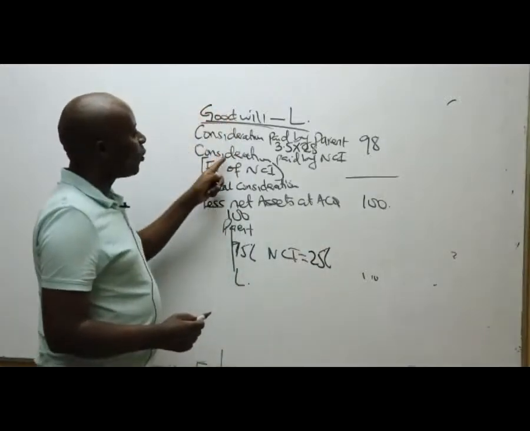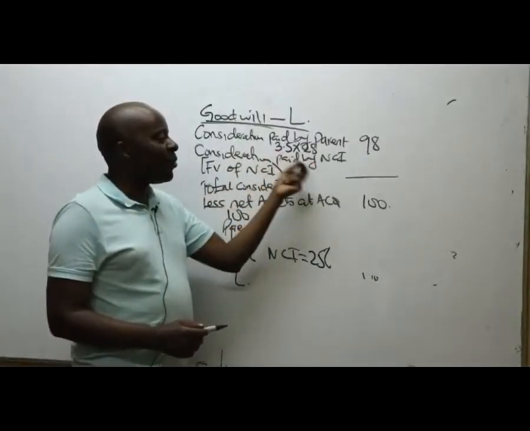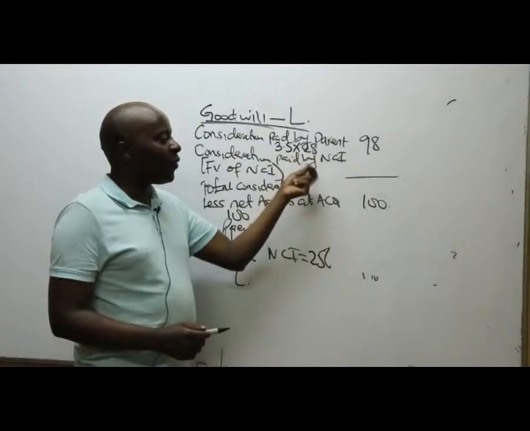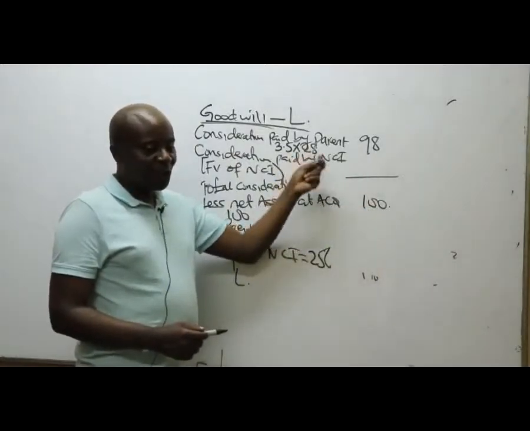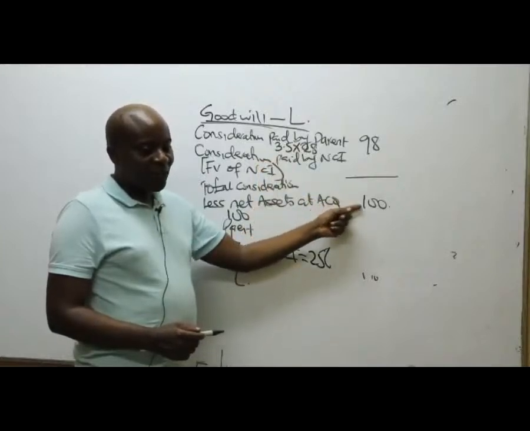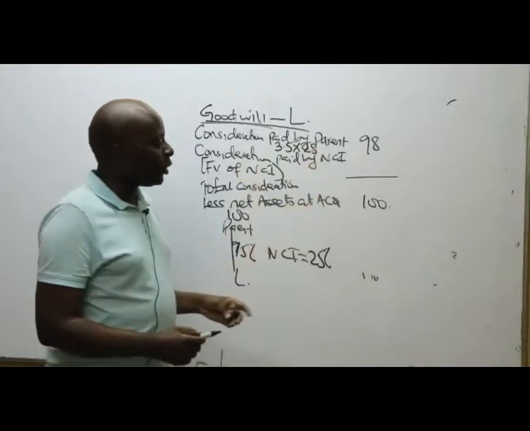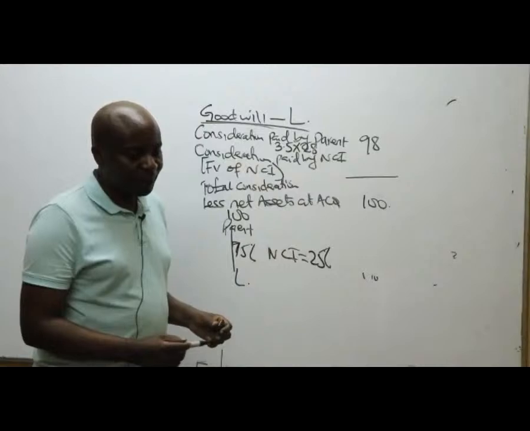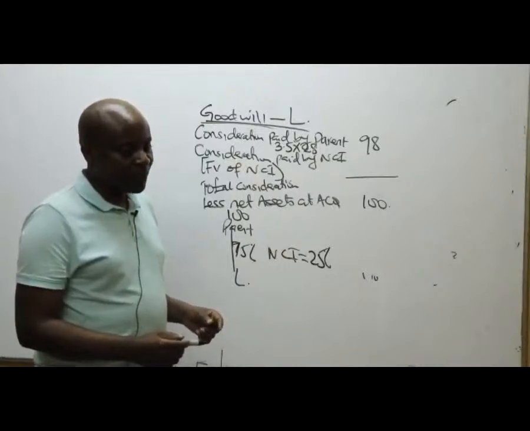So to get the consideration paid by NCI, I will take the proportionate share of NCI of the value of the net assets. So it is 25% of 100, which gives me 25.